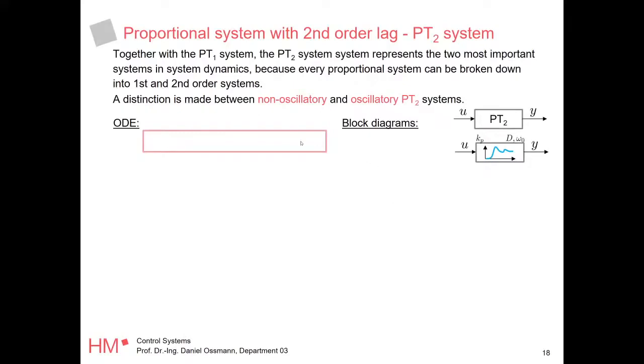I'm going to start out with the ODE first, right? And actually I'm going to try to build it from behind. We again have this proportional part here, so our input is transferred proportionally to our output. Let's write the output. Our output again is y of t. So it is second order. So now we have the first derivative and we have the second derivative there.